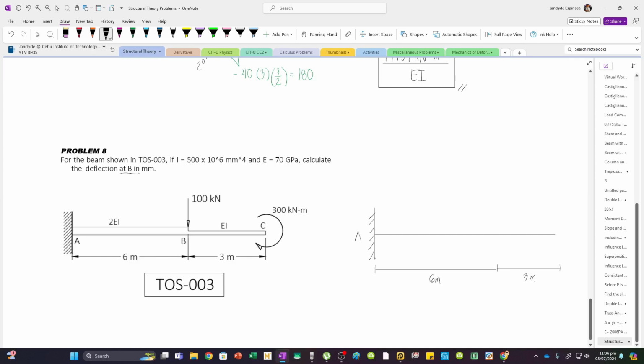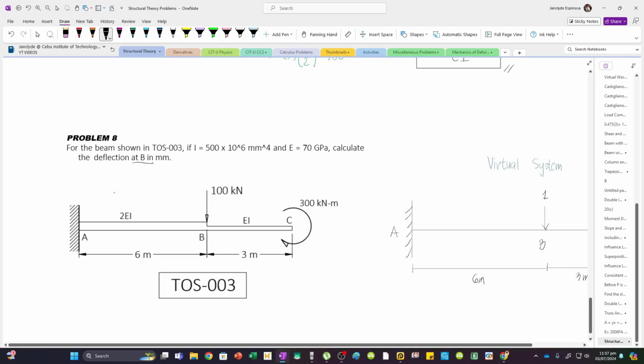I have here A, point B, and C. Now, I want to calculate the deflection at B. And so, I need to add a virtual load, a unit load here at point B. This is 1. So this is my virtual system. Now for this real system, I have a reactive force acting upward equivalent to this load, 100 kN.